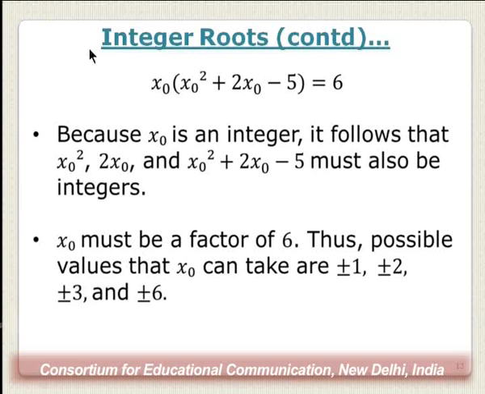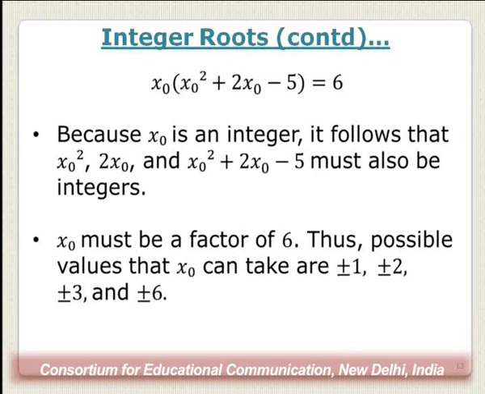Now, because you are multiplying an integer with another integer to get 6, it must be true that 6 must be divisible by both these expressions, both x naught and x naught squared plus 2x naught minus 5. In other words, if x naught is an integer, then it must be a factor of 6. 6 must be divisible by x naught, in the sense that if you divide 6 by x naught, you should get a remainder of 0.